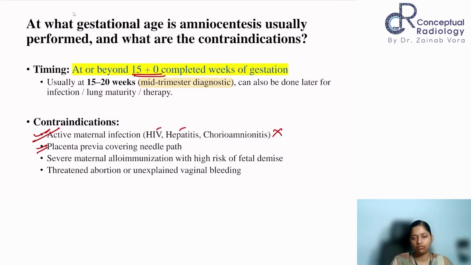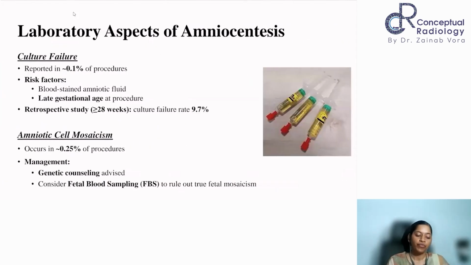If it's an Rh negative pregnancy and severe maternal alloimmunization is there with a very high risk of fetal demise, then you don't intervene. If a patient who has come to you for amniocentesis is experiencing unexplained vaginal bleeding or is under some complications like threatened abortion, why would you intervene? So these are the relative contraindications.